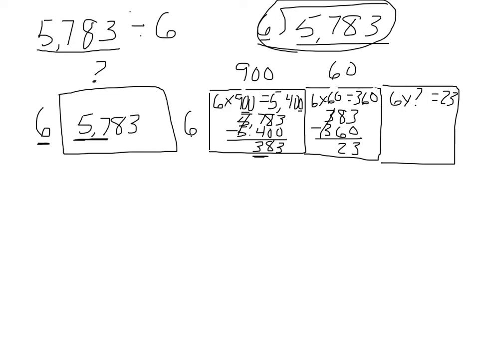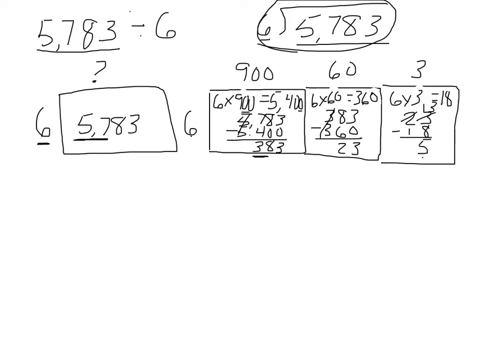So I need to go one lower. 6 times 3 is 18. So I know that this is going to be a 3. And so I can erase my question mark inside. And this is not 23. 6 times 3 is 18. But I started with 23, I used 18, and so if I subtract that, I get 13 minus 8 is 5.